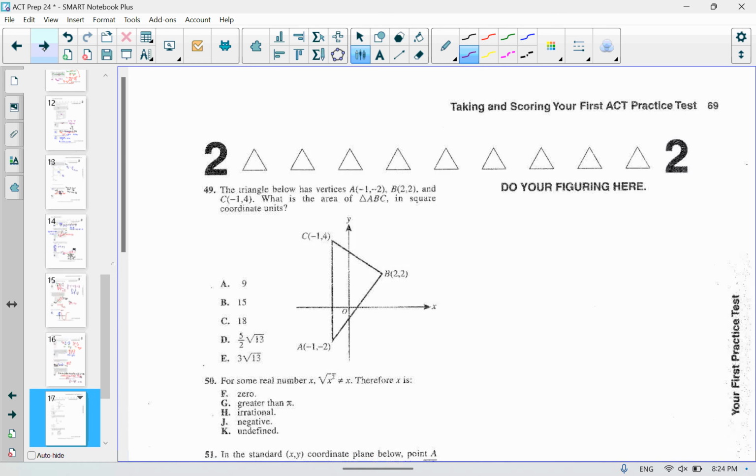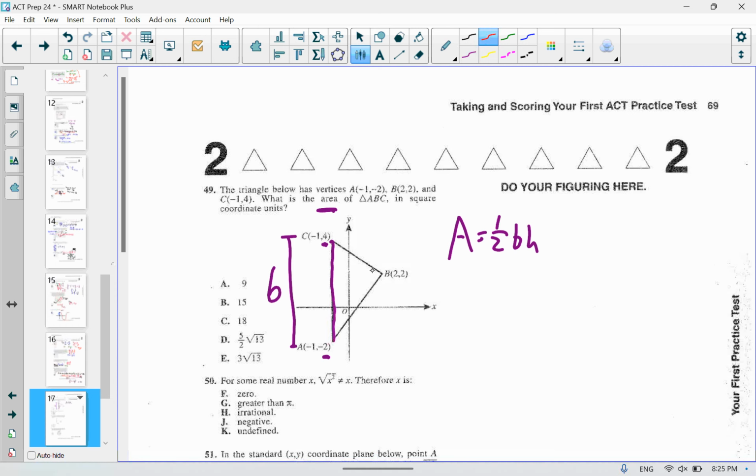Okay. The nice thing is this is a nice space. Oh, it's talking about area. So I need base times height divided by 2. Nice thing is my base is perfectly vertical, which means I can just count the y units. So in this case, it travels 6.